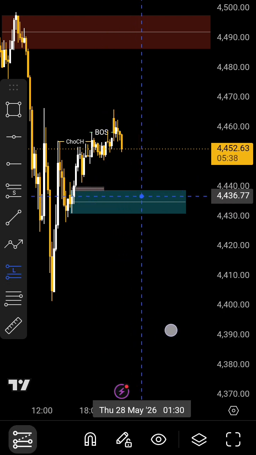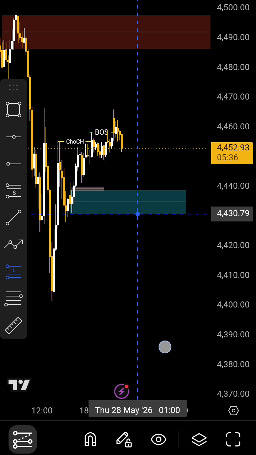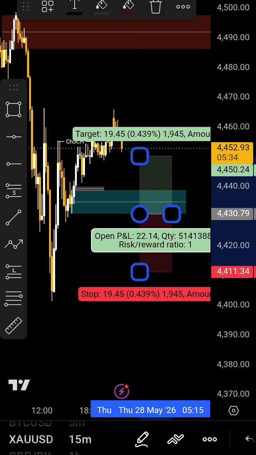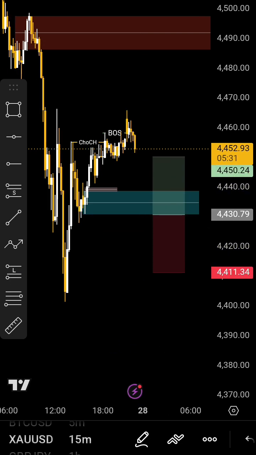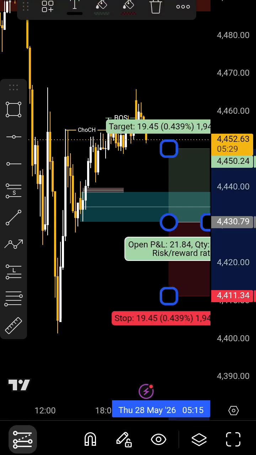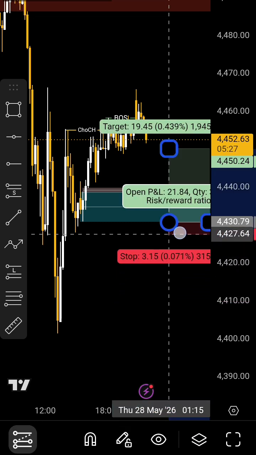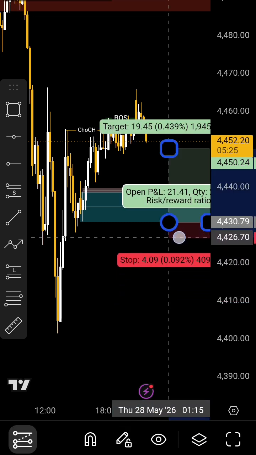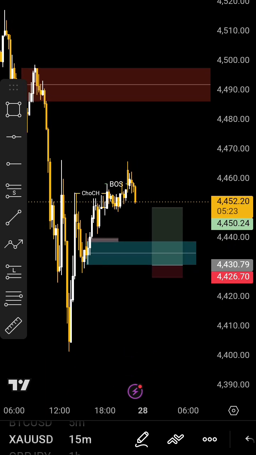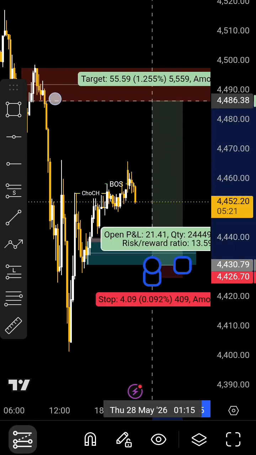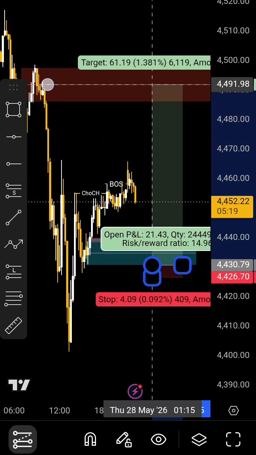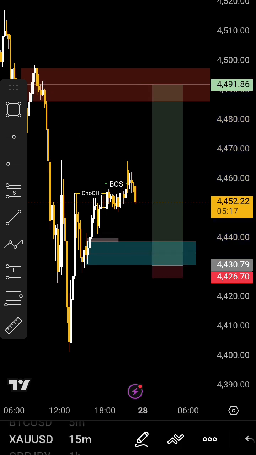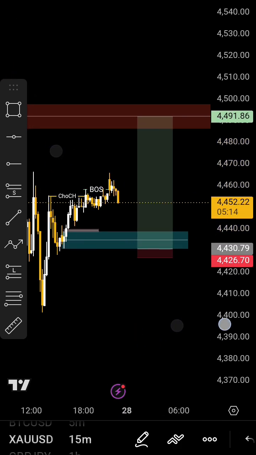So because of that, I'll position my long tool here, and then my stop loss will be right below the recent low that was created here, and then my TP is just going to be half of this 1 hour, the midpoint of this 1 hour order block, right? So this is the way of positioning.